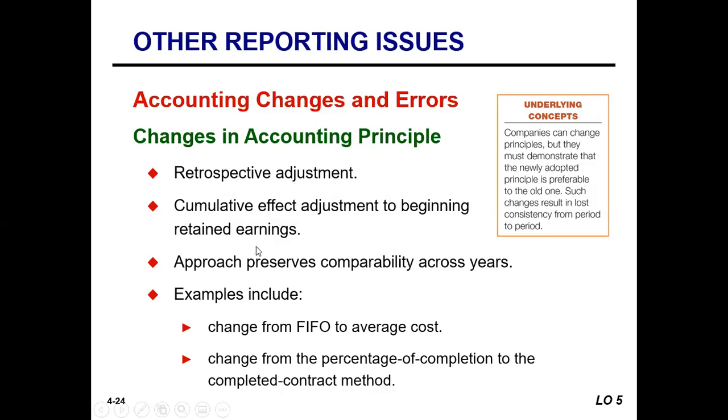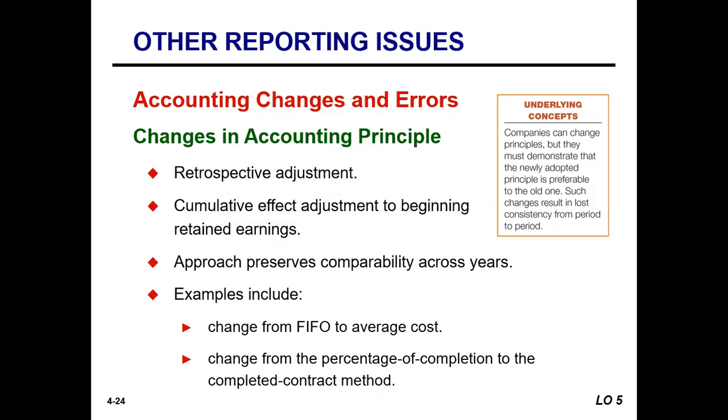When we do that retrospective adjustment, we're able to preserve comparability across years. If we choose the FIFO method, we want to use FIFO every year, that way we're able to compare financial statements.